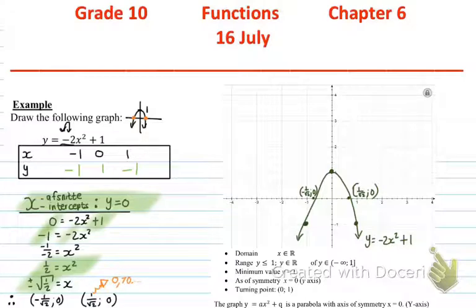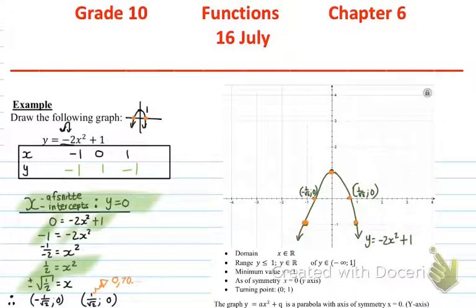So first I'm going to plot the point negative 1, negative 1 as in my table. Then at 0,7 I'm going to plot my 1 x-intercept. Then at 1 on the y-axis, my other x-intercept and the point 1, negative 1.